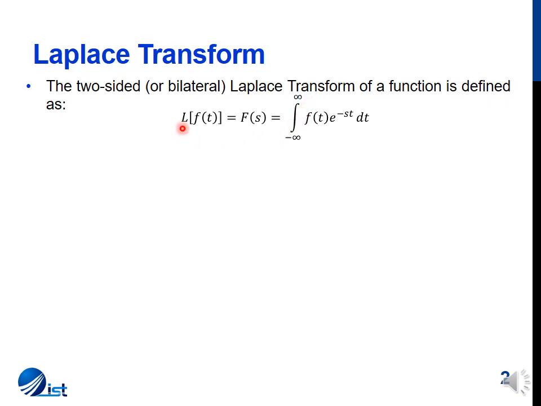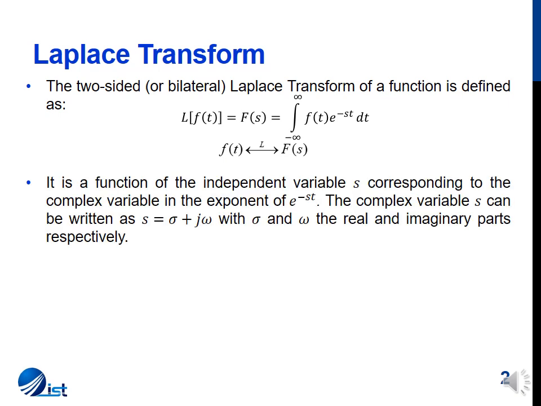This operator L is transforming a function of time domain into a function of s domain. Laplace transformation is a bidirectional technique, which means that if a function f of t has a transform F of s, and you take the inverse Laplace transform of F of s, you can get f of t.